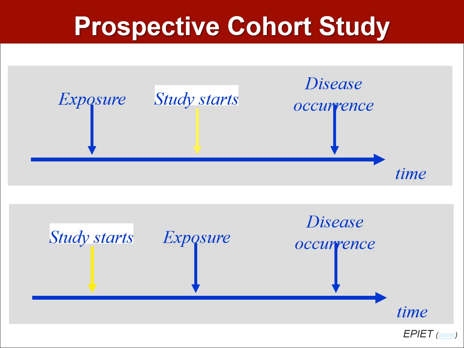Another way you could also see a prospective cohort study design is that the investigator starts the study, right? You know what exposure status you're interested in, but the exposure actually hasn't taken place.